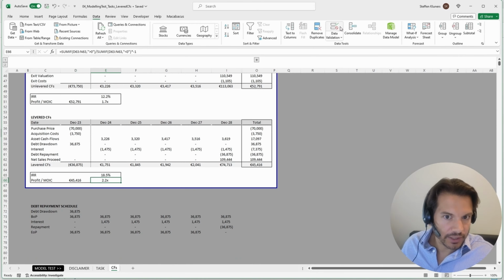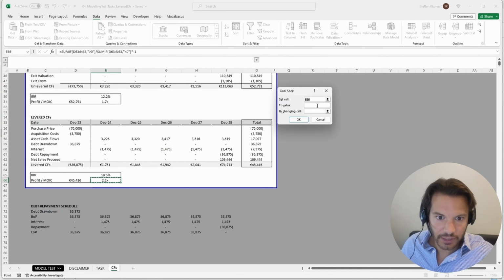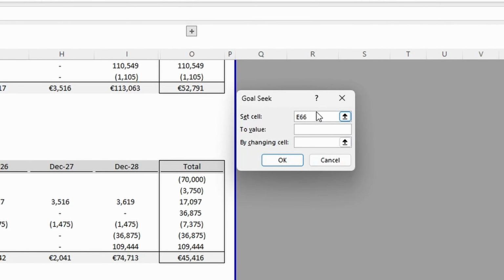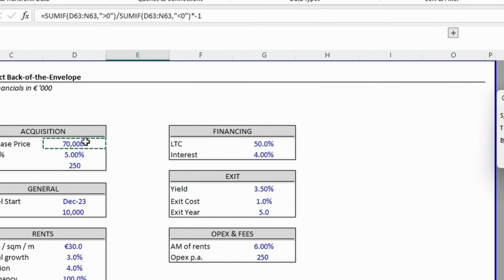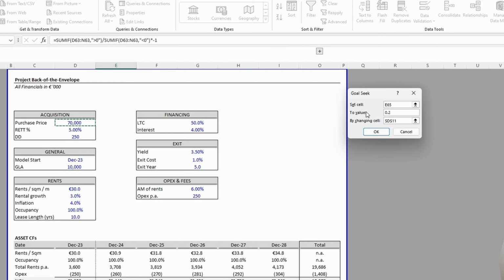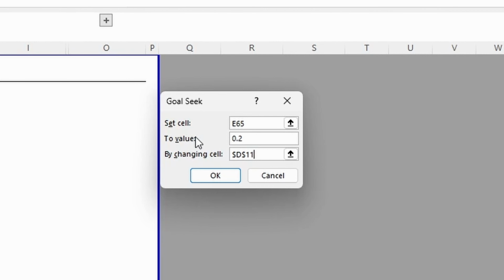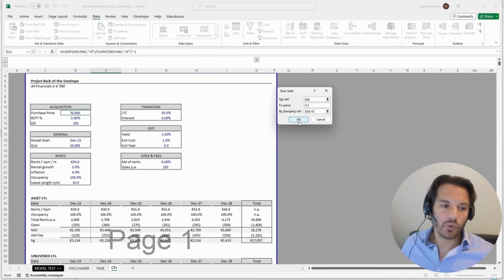So this one here: Data, What-If Analysis, Goal-Seek, cell E65, to value 20%, by changing the purchase price. So we're setting the IRR to 20%, so that's 0.2, by changing the purchase price. And this then gives us the purchase price that Thanos can afford to pay to achieve a 20% IRR.